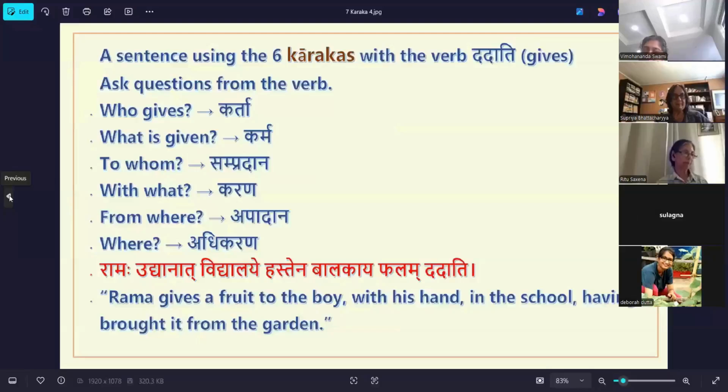Here, raksha is simple. Now you do raksha. Rakshati, rakshatah, rakshanti, rakshasi, rakshathah, rakshatha. One has a visarga, one does not have a visarga.